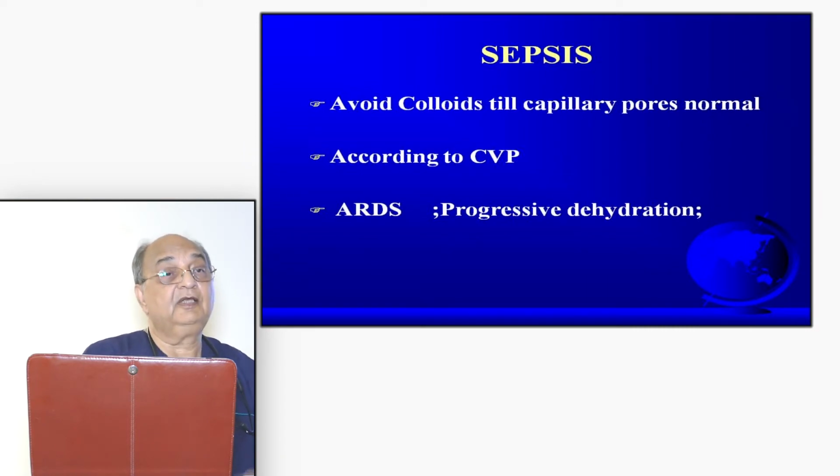Now you can give a colloid solution. See, this is the test for whether the pores have come to normal size or not. So always, in the first 48 hours in sepsis, don't give any colloid. Try to control the blood pressure, or the hemodynamics, with vasopressors or electrolytes.